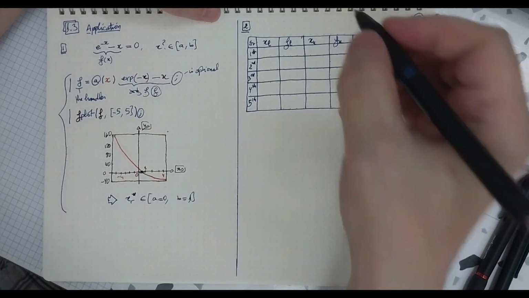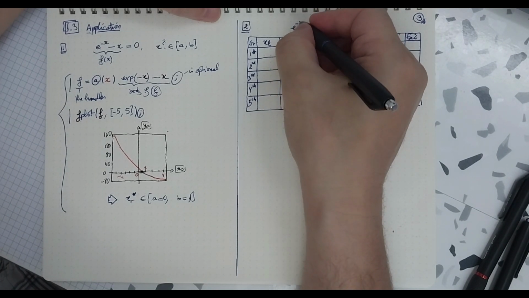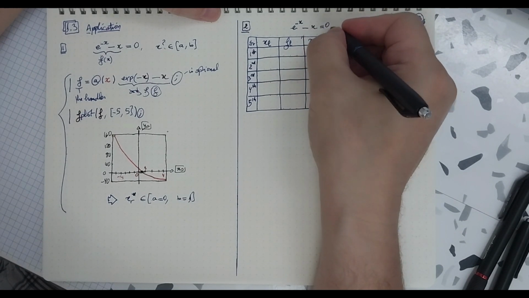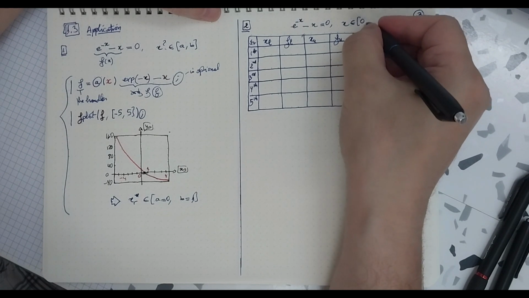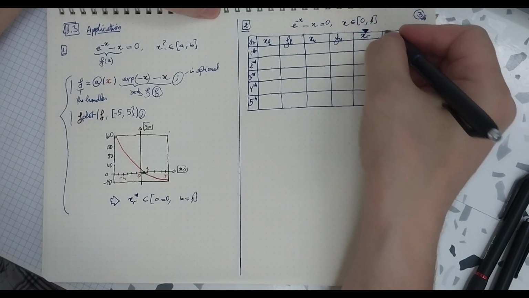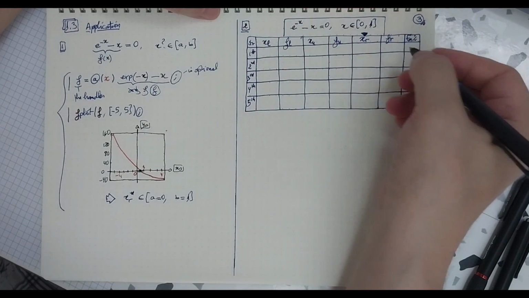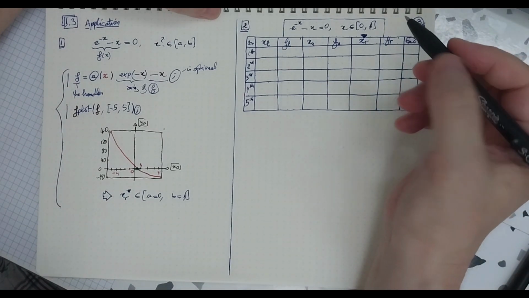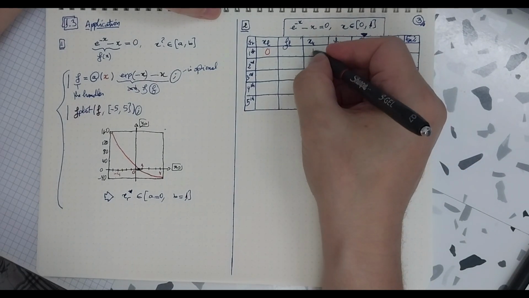So we have the function exponential of x minus x equals 0. Find x in [0, 1]. And you are given the interval 0 and 1.